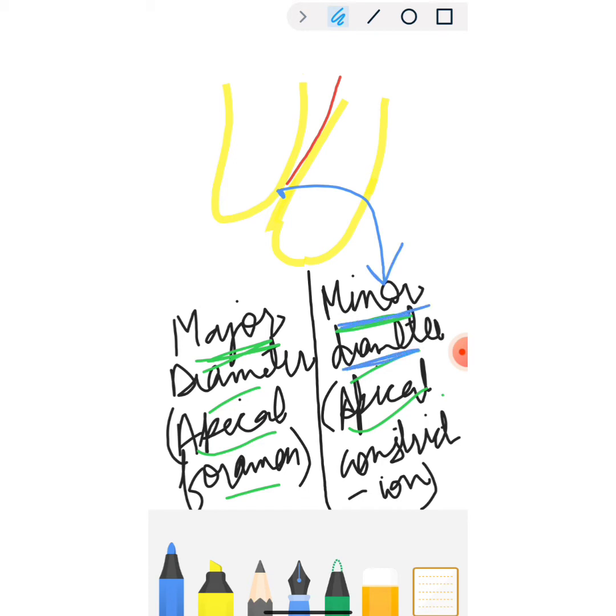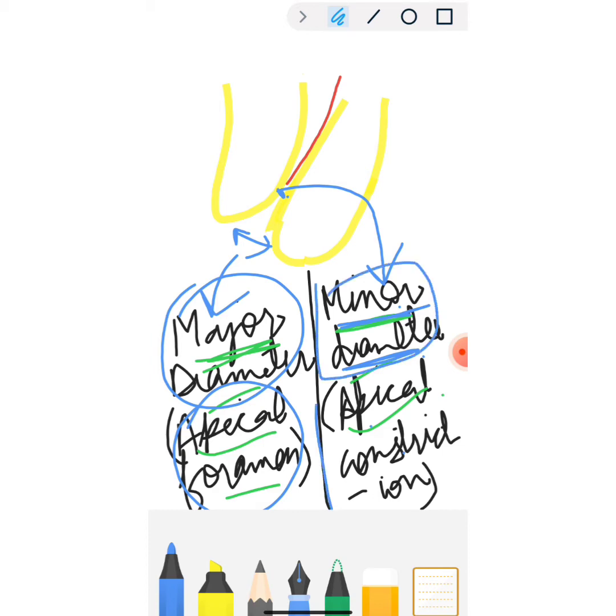The most constricted part is the apical constriction or minor diameter, while this one is the main opening or exit point of the vessels and is known as major diameter or apical foramen.